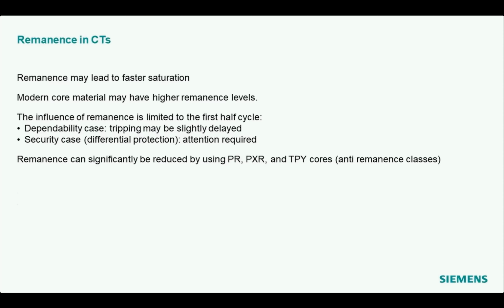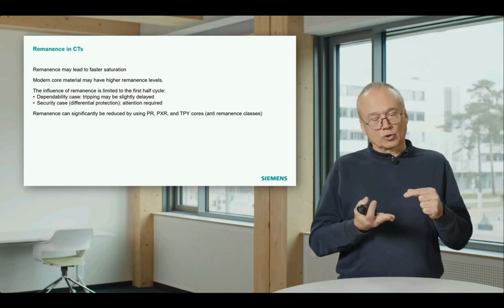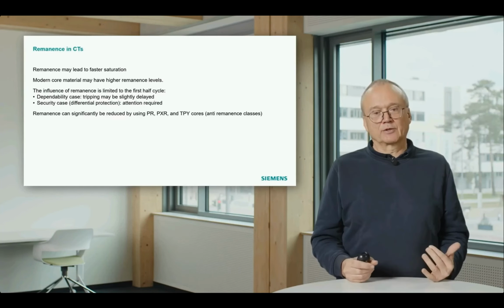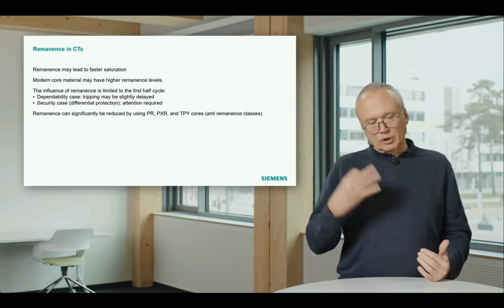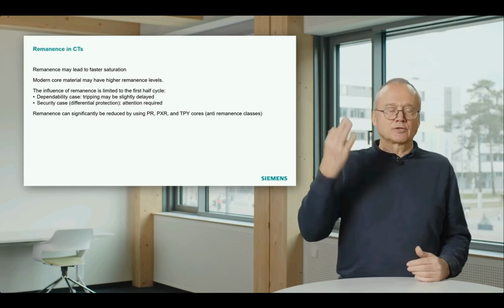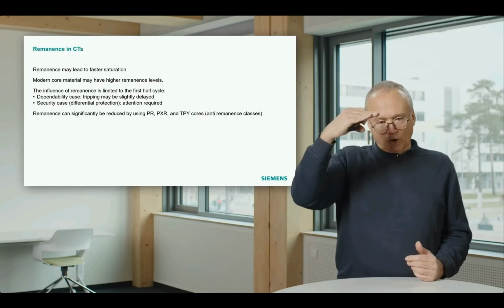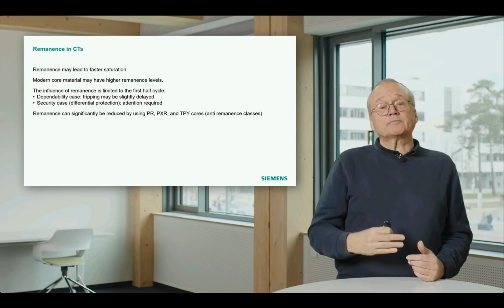One thing you can do, if you have the possibility, is to use current transformers of these classes, PR, PXR, or TPY, that are classes where the core is split and the remanence is significantly reduced. So typically you can have remanence levels of maybe 85% or even more of the saturation level.